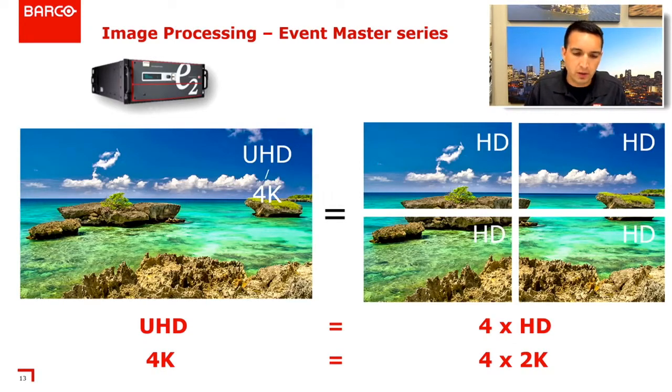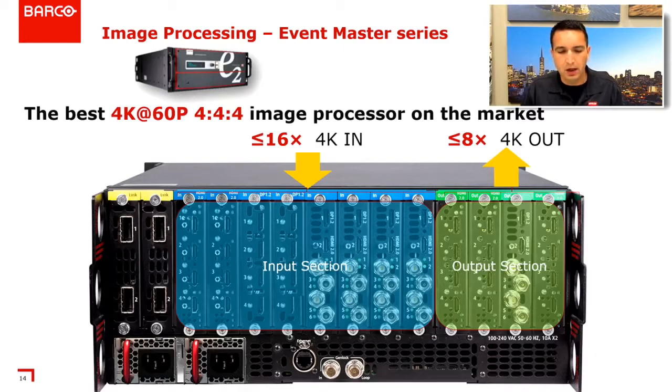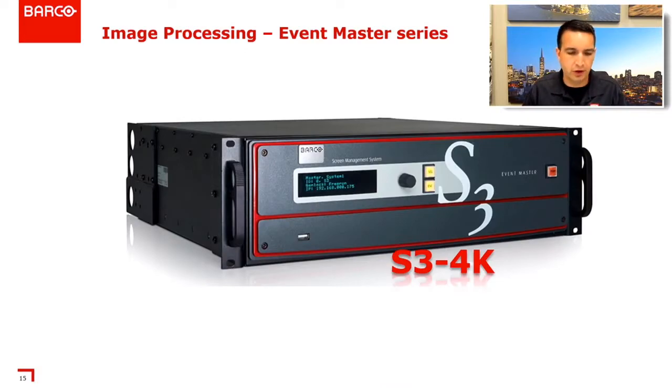So when we talk about 4K in the E2, it can do up to 16 4K in and up to 8 4K out in various utilizations, right? So it can be maybe a couple of 4K outputs for screen destinations, maybe a couple of 4K outputs for auxiliaries, and we'll talk about that a little bit later.